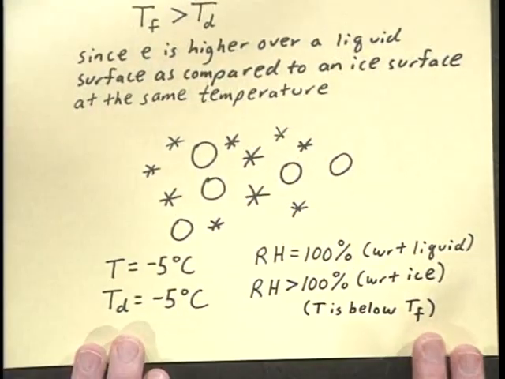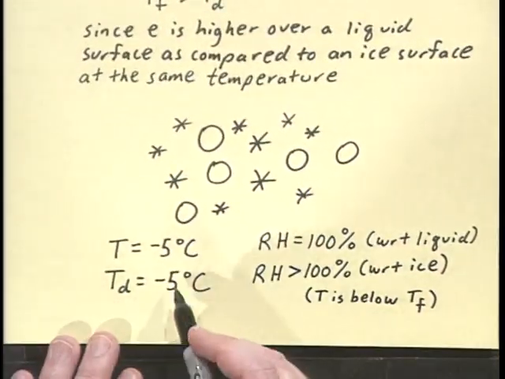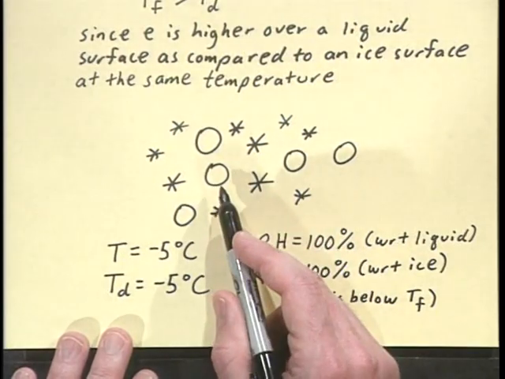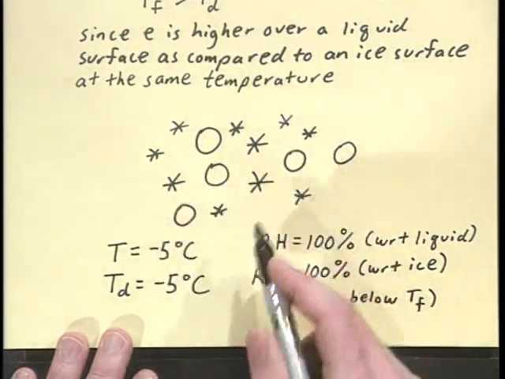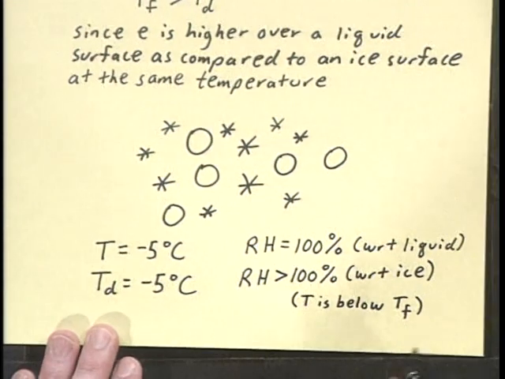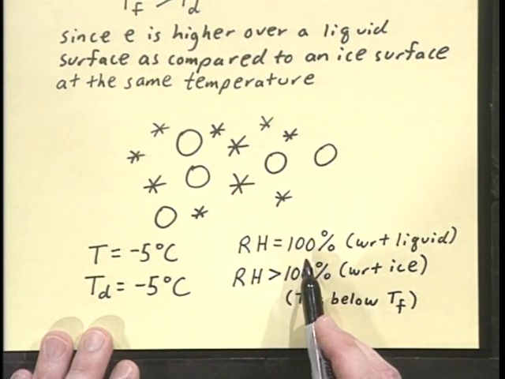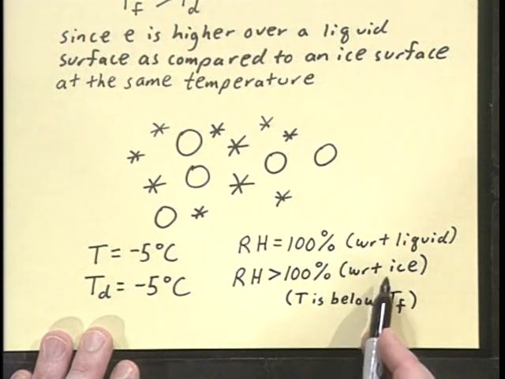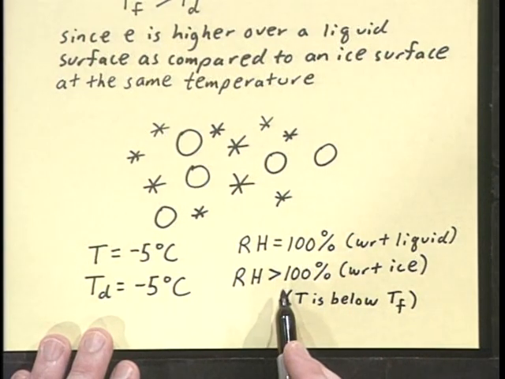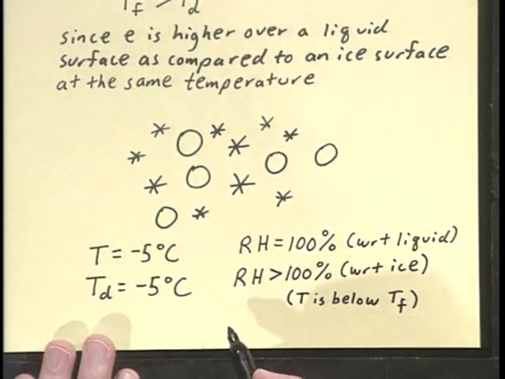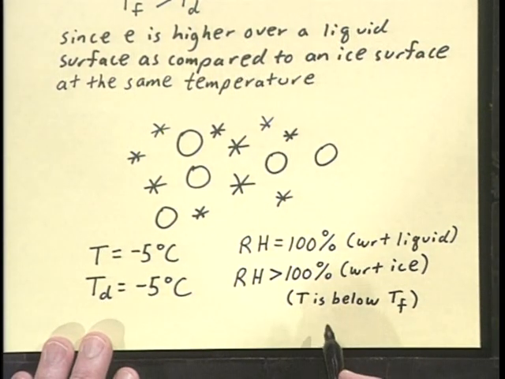So suppose that we have air here, and it's a mixture of water droplets and ice crystals, and the temperature is -5 with a dew point of -5. So the relative humidity is 100% with respect to the liquid, but with respect to the ice, the relative humidity is greater than 100%, since the temperature is below the frost point.